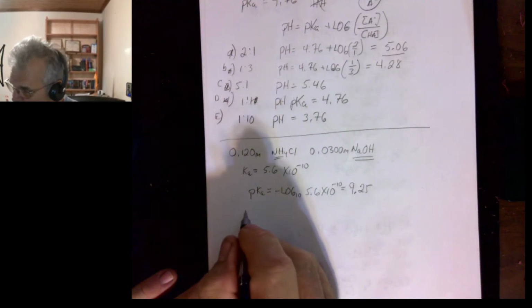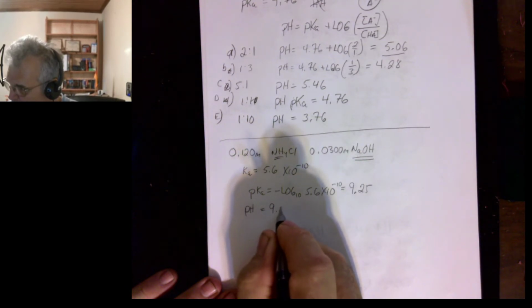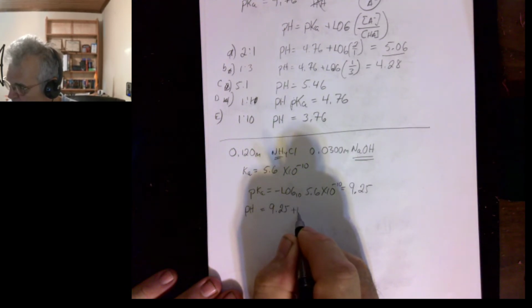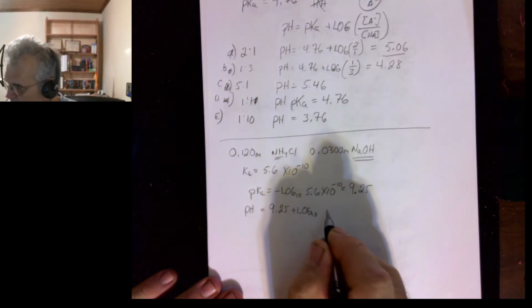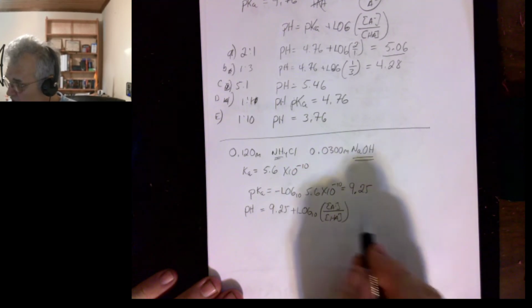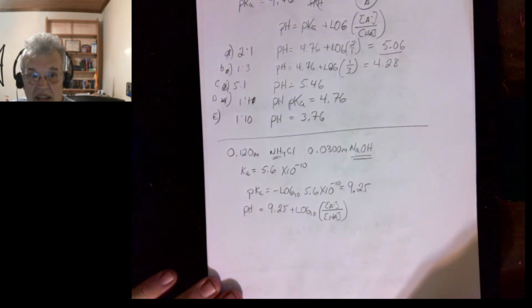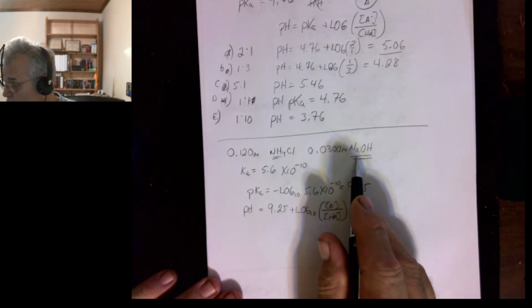Okay. So now we know we're going to use pH equals 9.25 plus log base 10 of A minus over top of HA. Okay, so I just got to figure out these two values. If I figure out these two values, I've got it. Well, I know 0.03 moles of NaOH.